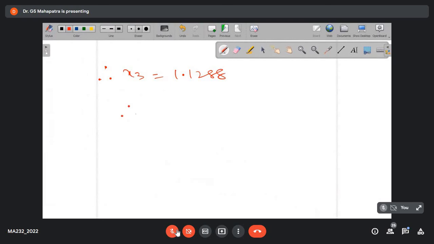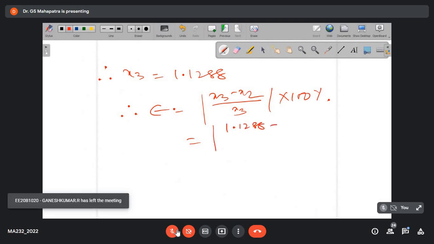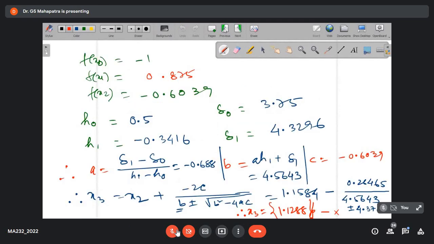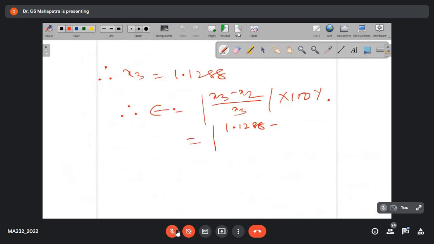1.1288. Therefore epsilon is x3 minus x2 by x3 times 100 percent. So the answer is 1.1288 minus that is 1.1584, divided by 1.1288, percentage.